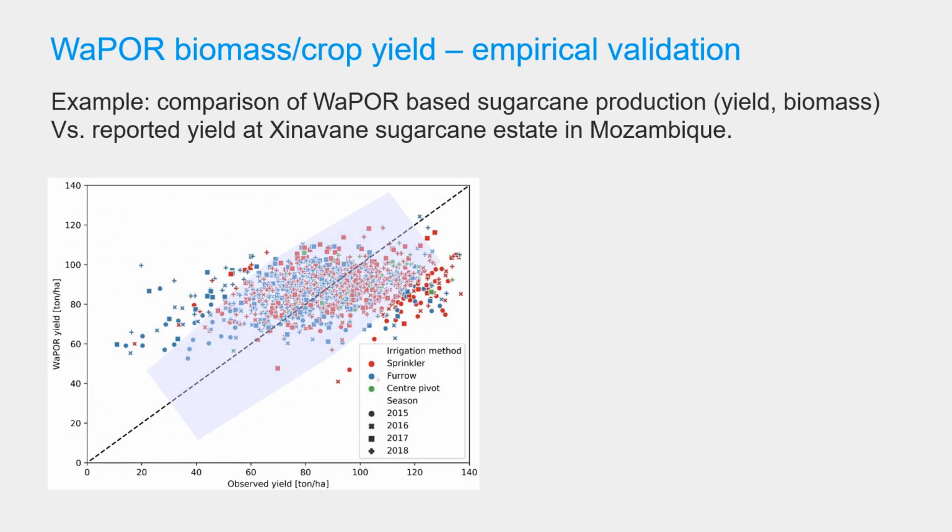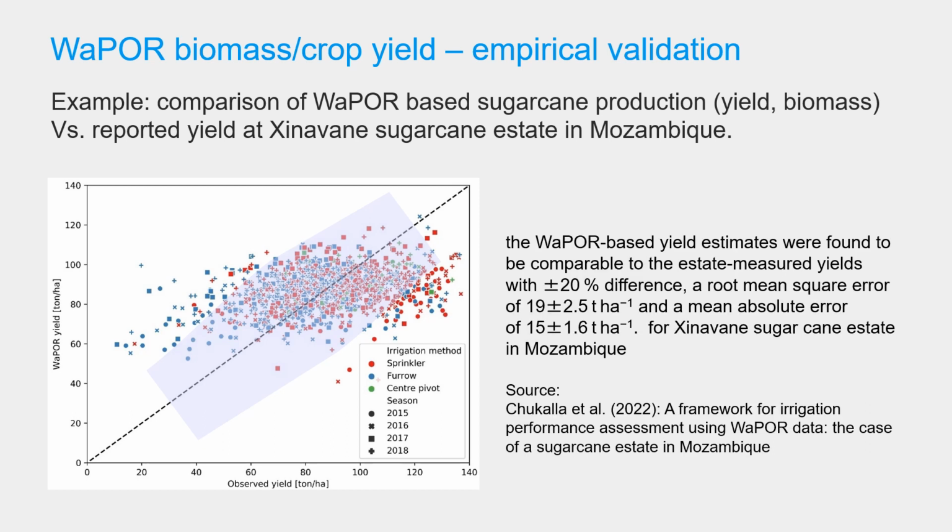Here is an example validation of the WaPOR-derived sugarcane yield at Xinavane sugarcane estates in Mozambique. The validation is done at field scale between WaPOR yield derived from level 2 NPP layer and reported yield for 4 seasons and 3 irrigation methods. As the figure shows, the WaPOR-based yield from the level 2 NPP layer overestimates the lower observed yield and underestimates the higher observed yield.